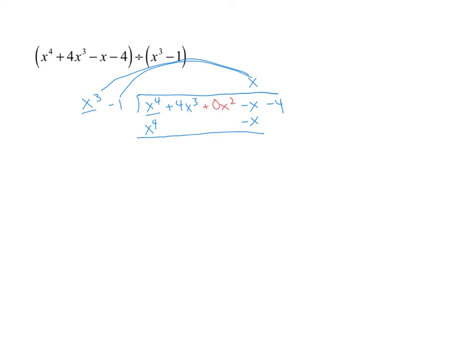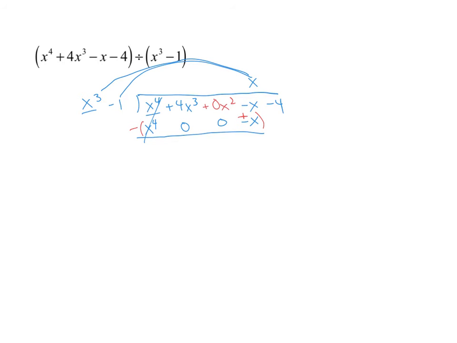And now I'm going to subtract. And since I'm subtracting both of these, this x over here is going to end up becoming positive. So x to the fourth minus x to the fourth cancels out. And then when I subtract, there's nothing here, so it's like a 0.